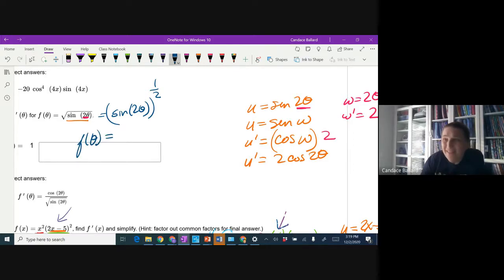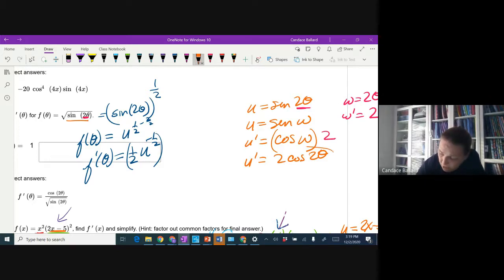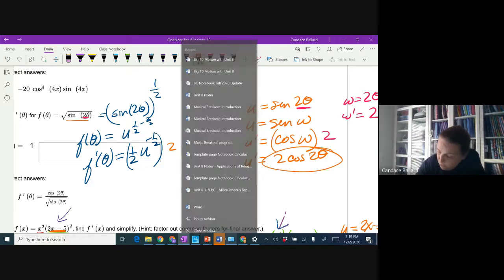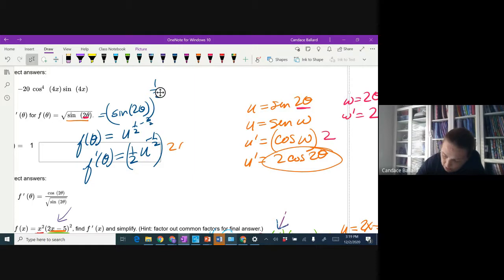All right, now I've got to chain all the way back to the original, so f of theta. And it doesn't matter that it's a theta versus an x, or a t or something. It's just another variable. And I tend to do that when I do trig. All right, so I've really got u to the 1/2. So f prime of theta equals, I'm going to take the 1/2 and bring it in front, which is going to give me u to the negative 1/2 times the derivative of the inside function, which was this mess, 2 cosine of 2 theta.